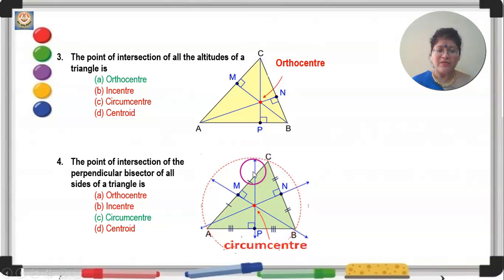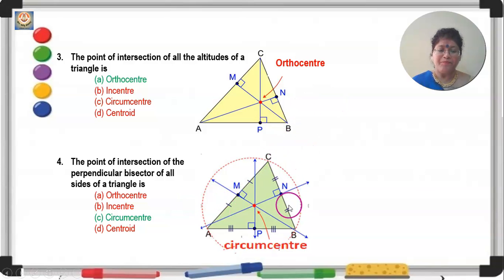You will notice that this line is dividing AB into 2 equal parts. Which are the 2 equal parts? AP and PB. Not only that, this line, isn't it perpendicular to AB? See the perpendicular sign out here. That means this line is the perpendicular bisector of side AB.